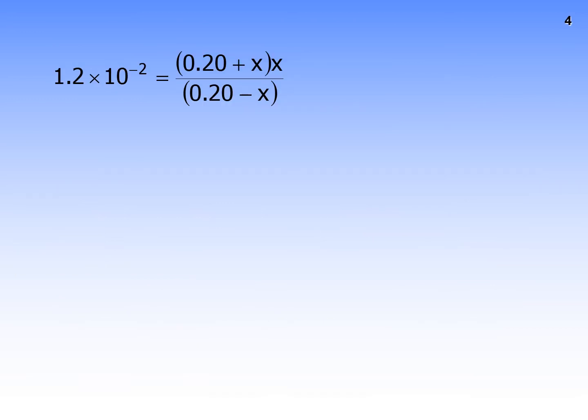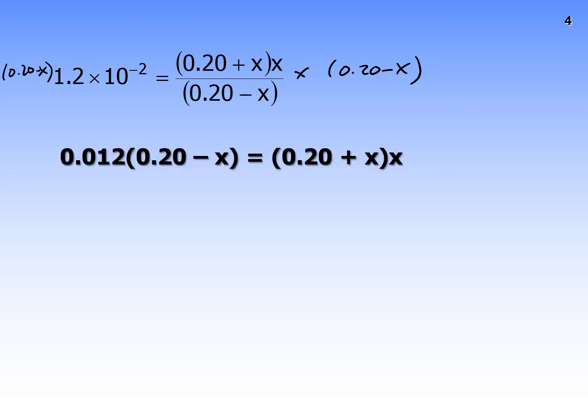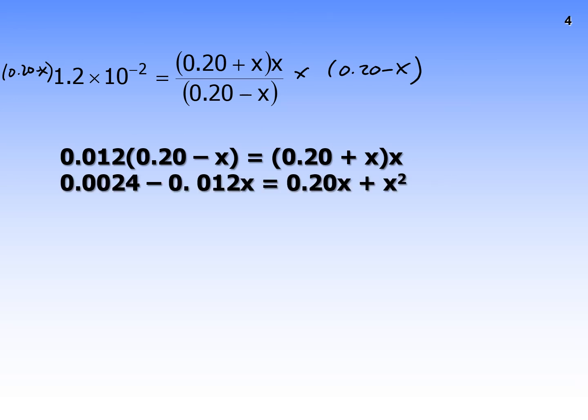We're going to multiply both sides by 0.20 minus x, and that will get me something like this, which I can then distribute into my parentheses. Now I can just combine like terms on one side of the equal sign, and if I rearrange, I get this equation.